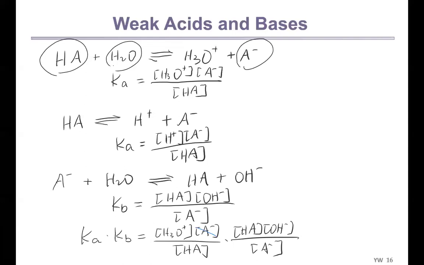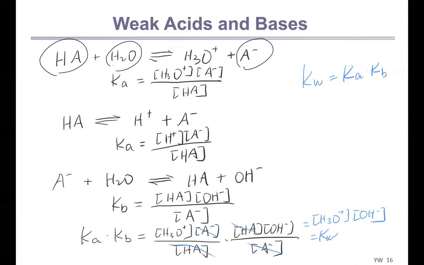The A minus will cancel out, HA will cancel out, and you just get H3O plus and OH minus. And what is this? The product between the hydronium ion and the hydroxide. Yes, this is the Kw, okay? So for a conjugate acid and base, Kw is Ka multiplied by Kb.